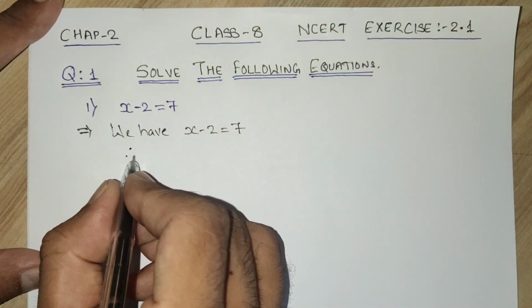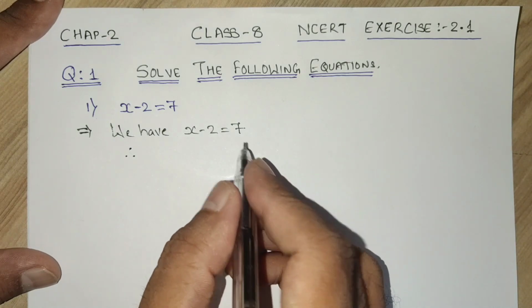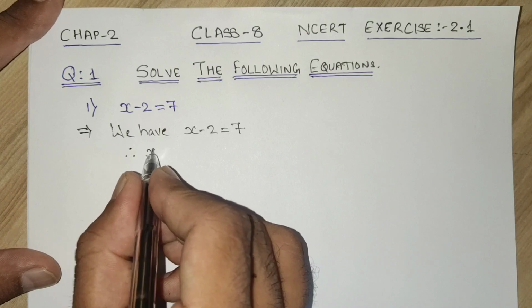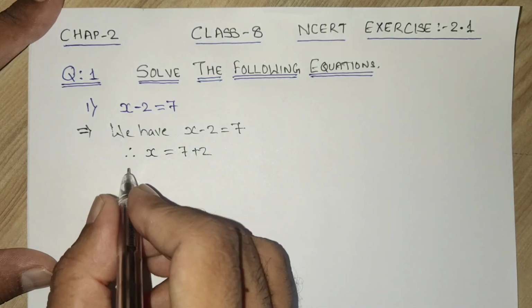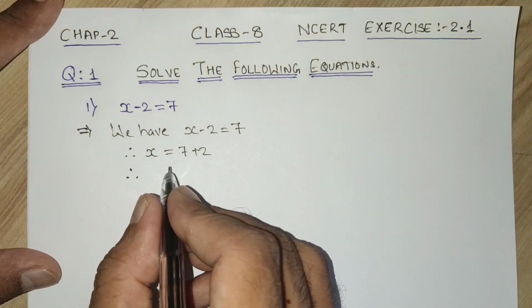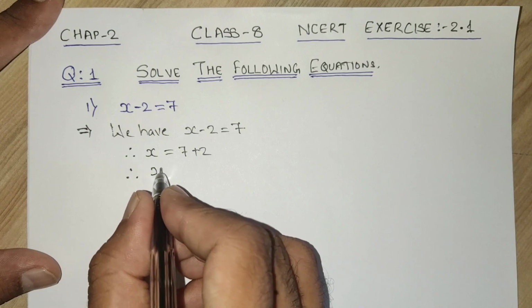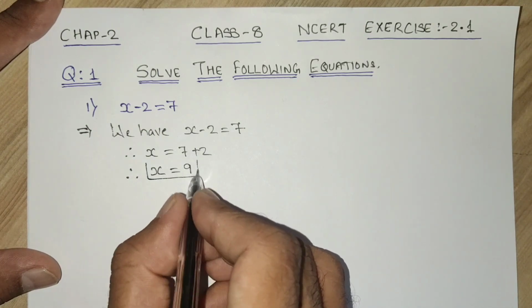What we will do, we will transpose minus 2 to RHS, so it will become plus 2. This is the rule which I have discussed in first lecture. Therefore x is equal to 7 plus 2, 9. This is your answer.